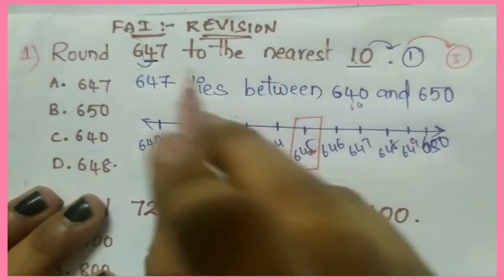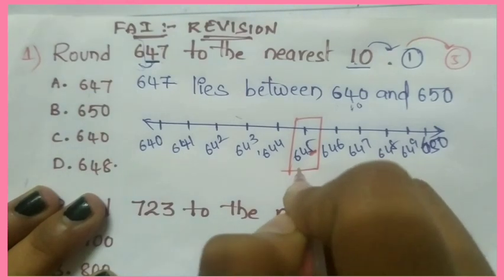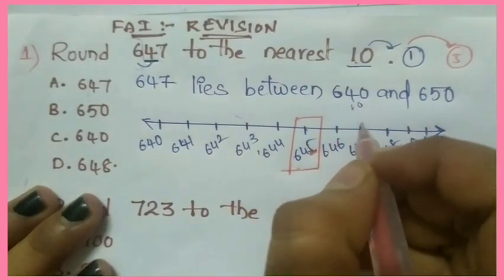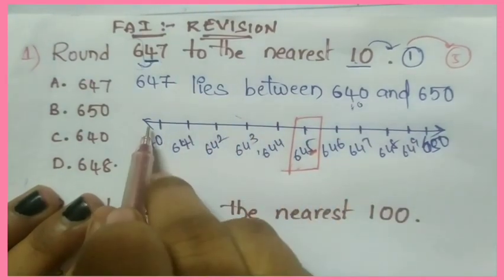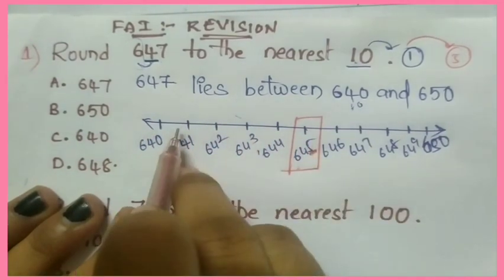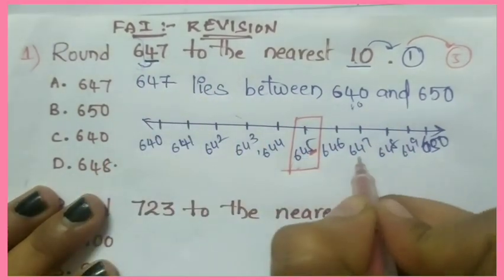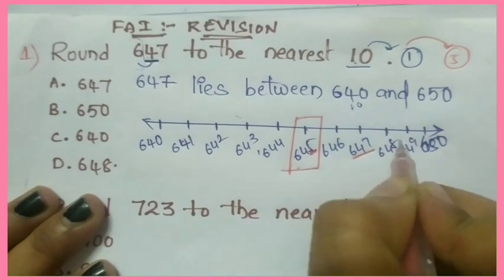If the number is on the midpoint or after the midpoint, we say round up. If the number is before the midpoint, we say round down. Now 647 is after the midpoint.